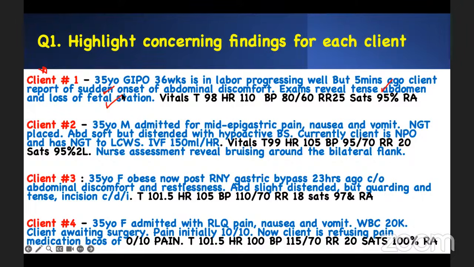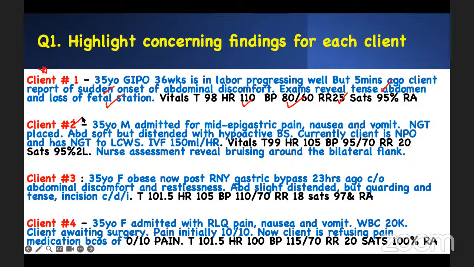They will most likely in the exams highlight some facts and ask you if it's concerning. But I intentionally left that out so that you can think about it. Sudden onset, loss of fetal station, tachycardia is not good. Hypotension is not good. Respiratory rate is going up. Those are the things that are not good for this particular patient.